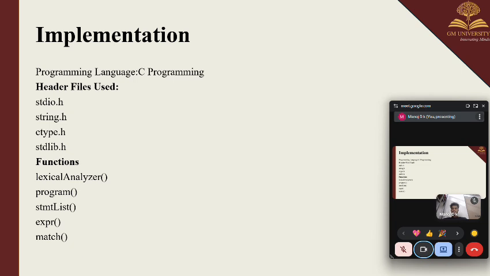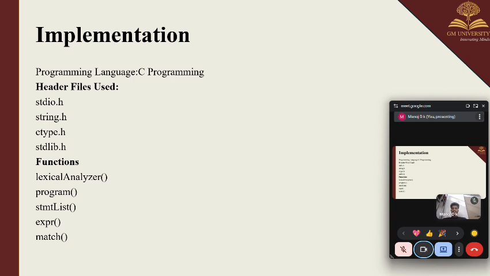The lexical analyzer scans the input character by character and generates the tokens, and the parser then checks whether the sequence of tokens follows the grammar rules of Mini ATC. The system also performs error handling for invalid characters and syntax mistakes.